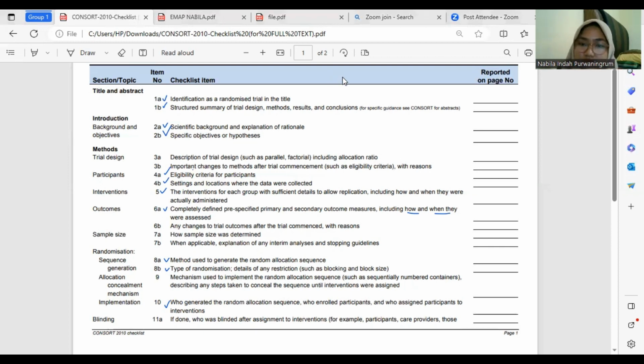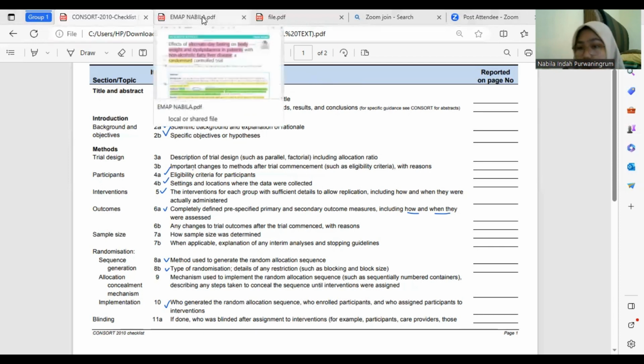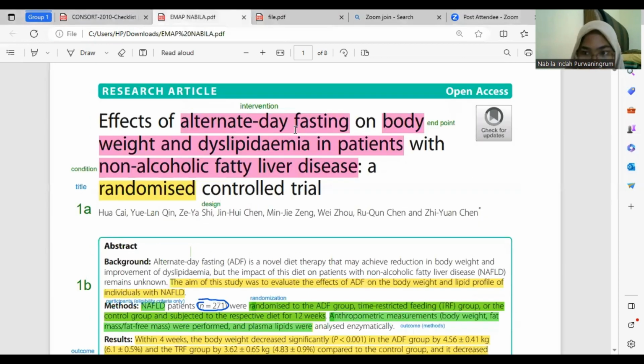So they should have the word randomized in the title. We are going to check it on our article. You can see the randomized word here.